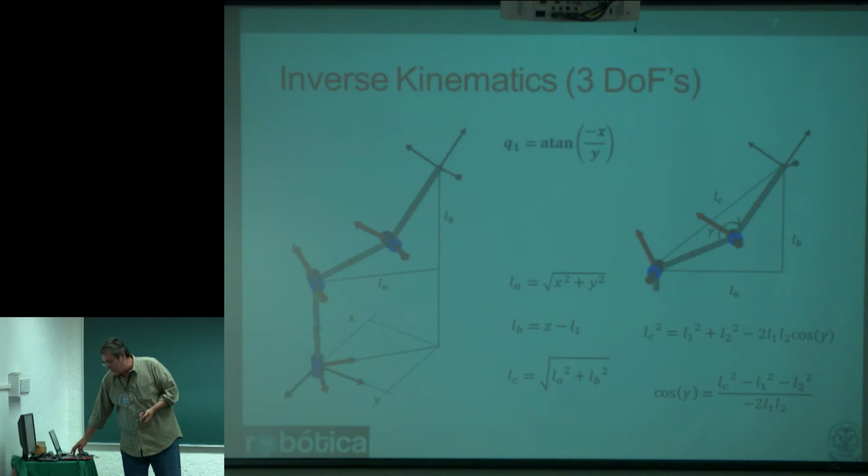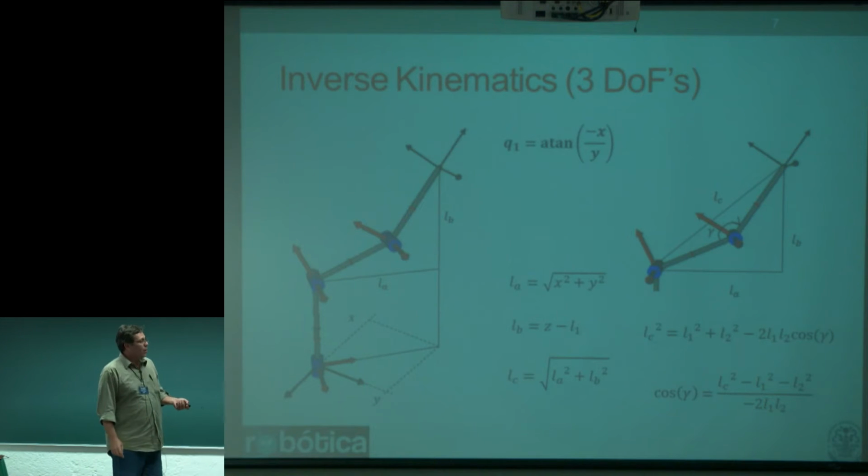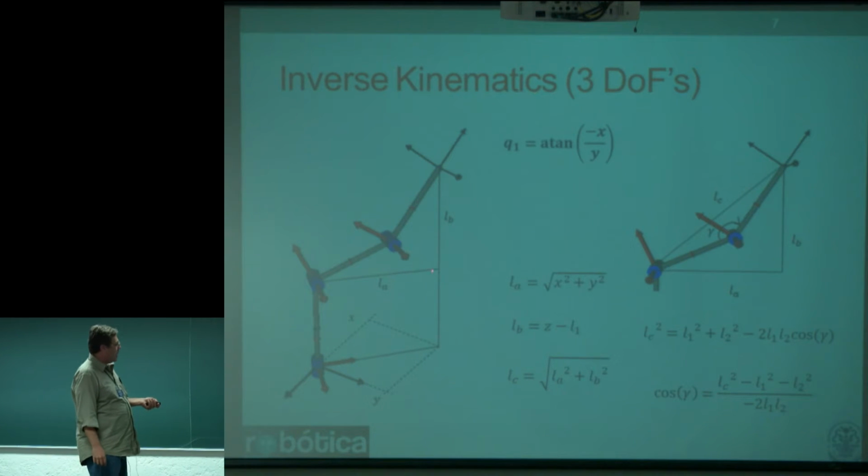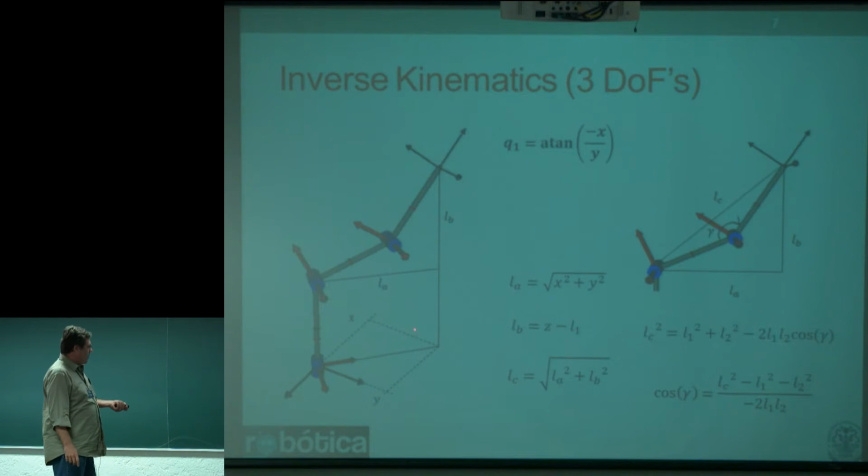For inverse kinematics, it's a little bit more complicated, but it's a nice and geometrically attractive method for computing the angles. First of all, we will cope with this 3 degrees of freedom problem.